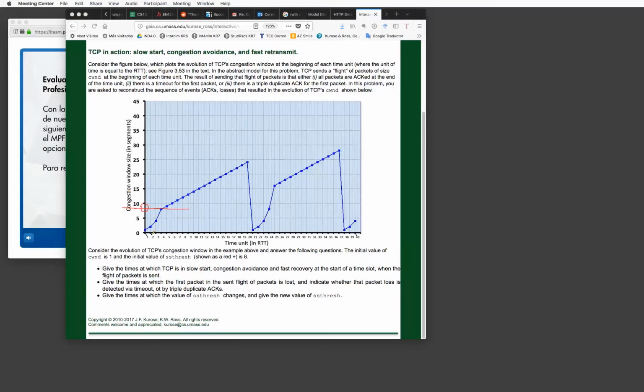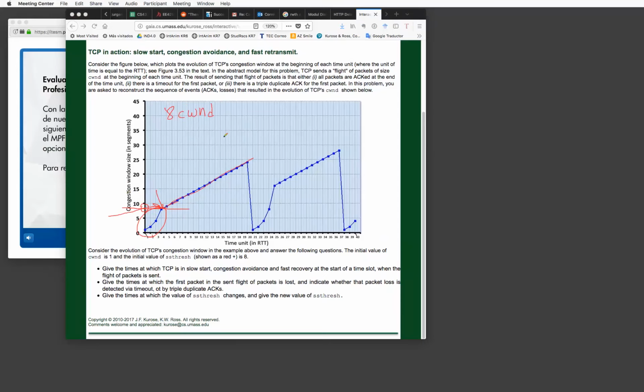So when I see what's happening here, I know that SS threshold is at this point, even if I didn't see the little red hyphen, because I stopped growing exponentially. And instead, I started growing linearly. So let's say this is 8 packets. That's what size my congestion window is.